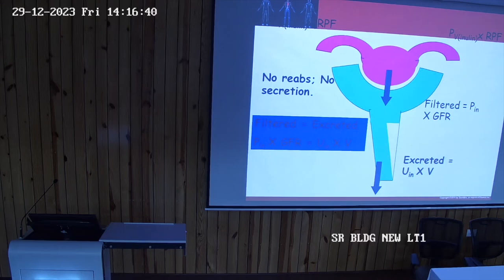From where is creatinine coming? From the breakdown of the creatine present in the muscle. So it is present endogenously, we need not infuse. But inulin, we need to infuse. The best result we are getting from inulin. But clinically, creatinine is considered the gold standard test for GFR estimation.